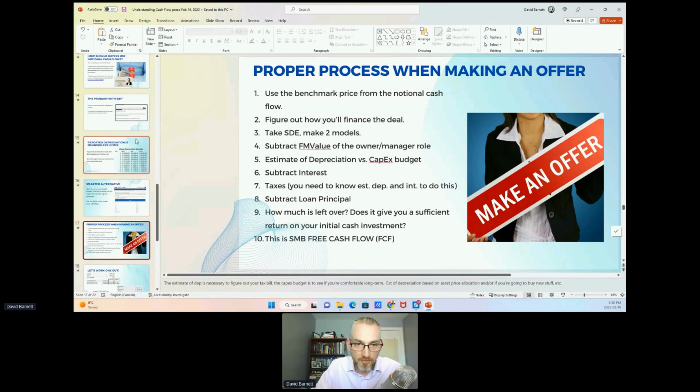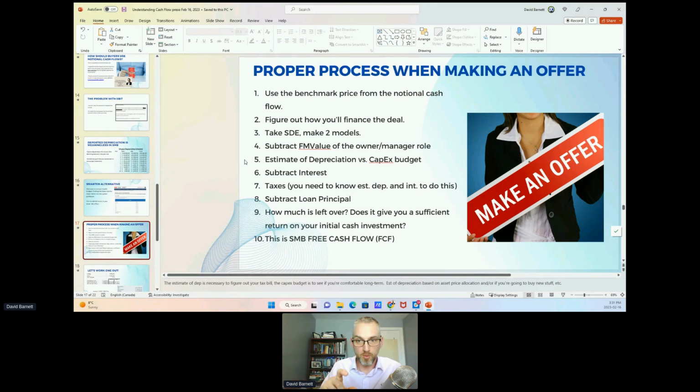We want fair market value for the work you're going to be doing. Then we are going to estimate the depreciation versus the CapEx budget. The CapEx budget is that leasing trick I just taught you. Estimating the depreciation takes a little more forecasting thought. If I'm buying this business and I'm getting all of the equipment free and clear, when will I likely have to acquire more equipment?